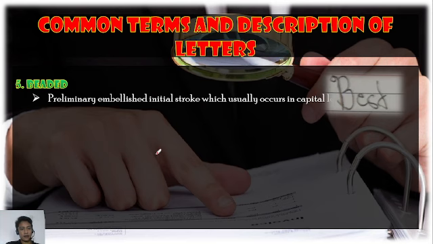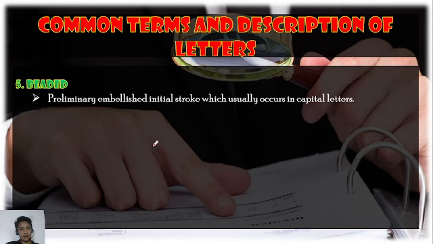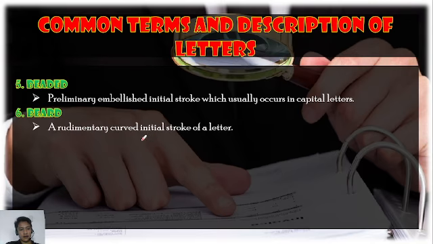And we have here another form of embellishment. This is called beard. Kung sa tao, kung sa lalaki, meron tayo yung tinatawag na beard, and dito rin sa handwriting, we have a terminology referring to beard.